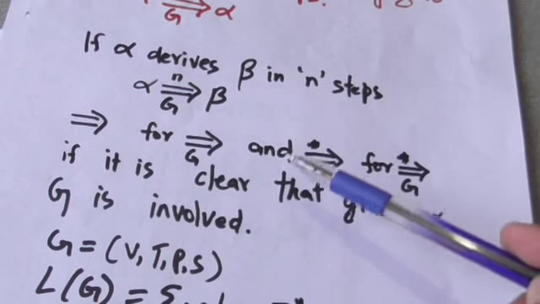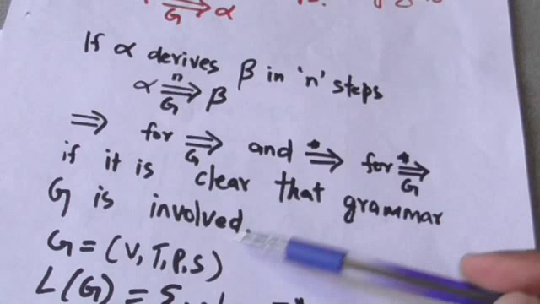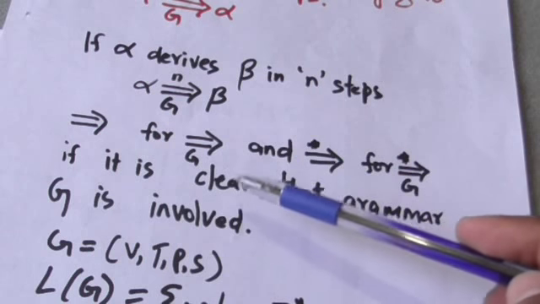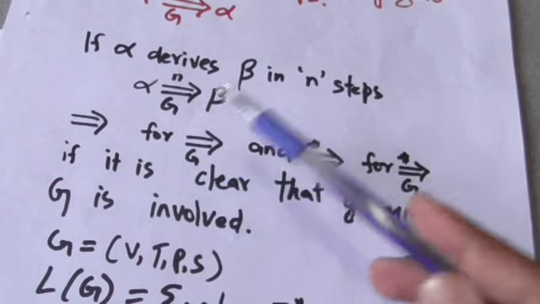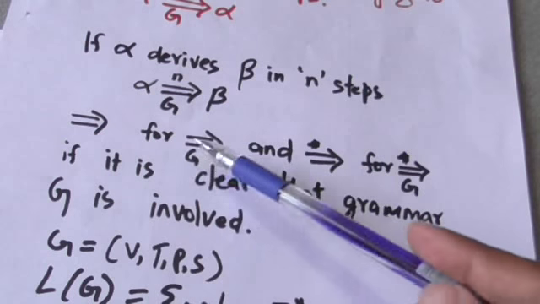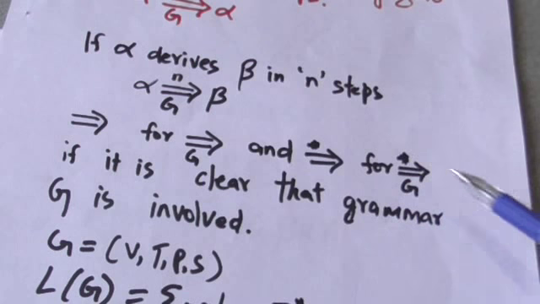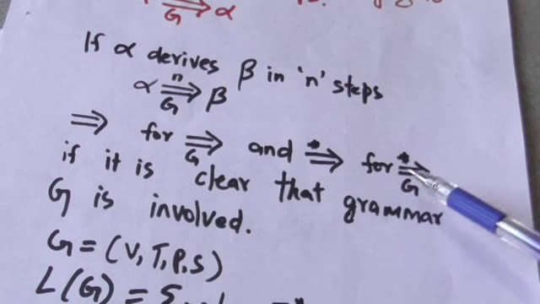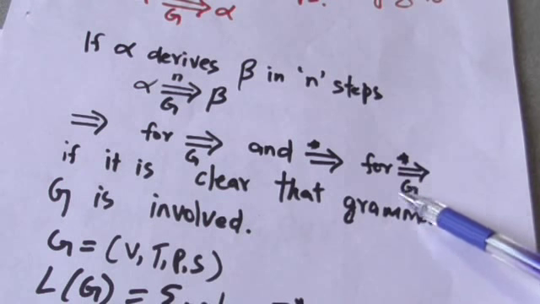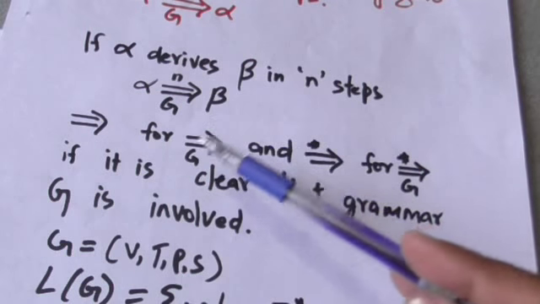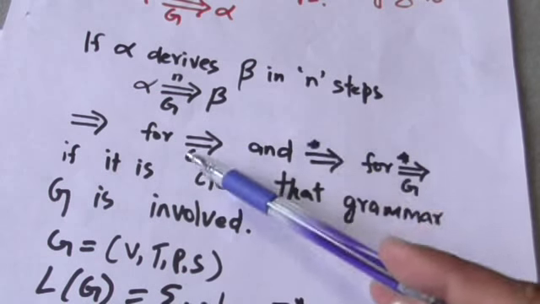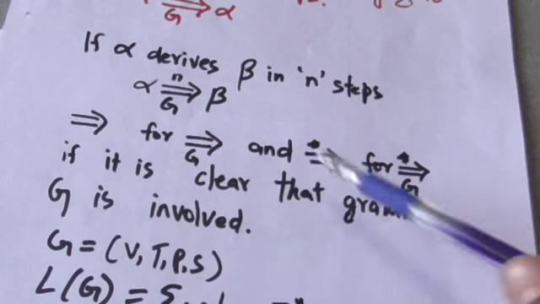If it is already known that grammar G is involved in the derivation, then from this symbol and from this symbol we can remove this G, right? It shows that in the derivation grammar G is involved.